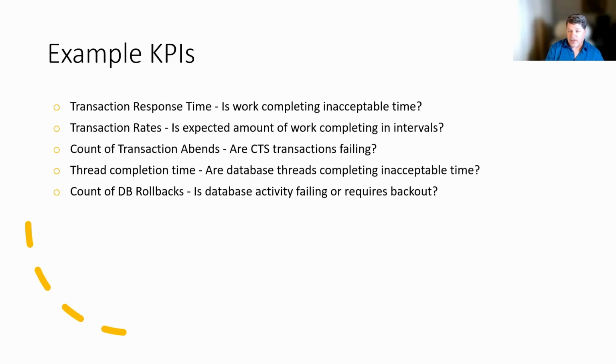It could be that the queries that went into the application are now returning many more rows of data, and that could be slowing you down. There could be synchronization problems like through locks or enqueues on the system that are blocking things from moving forward. But the KPIs themselves that we're looking at, small number, easy to monitor, low overhead on the system to keep track of these, and yet they give you a wealth of information about what's going on your system.